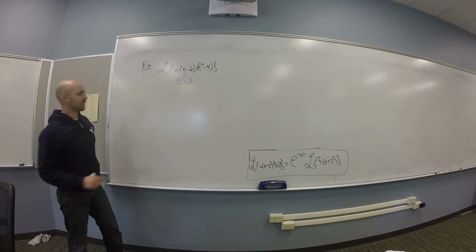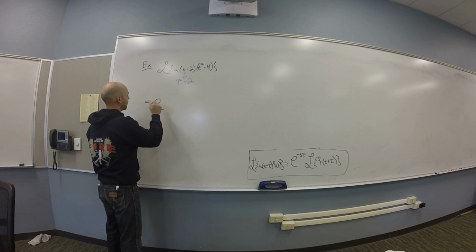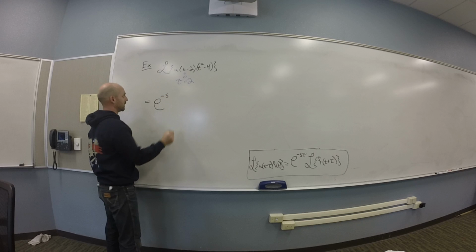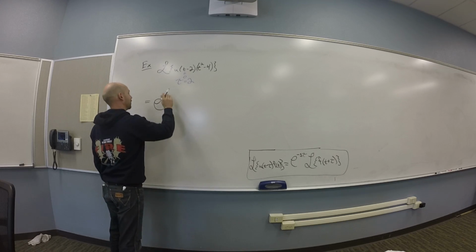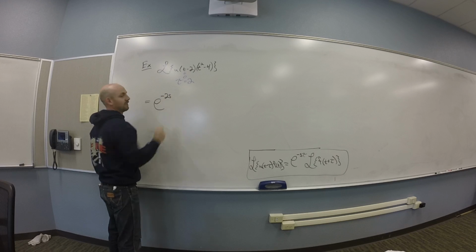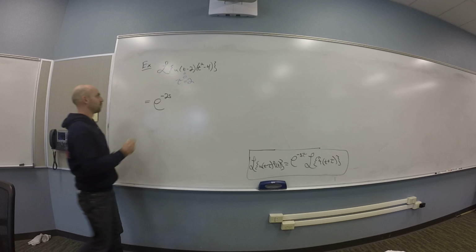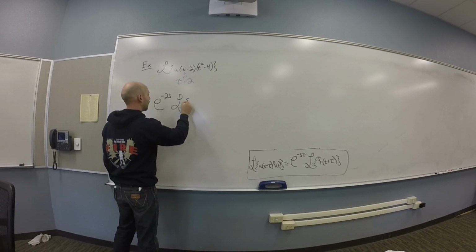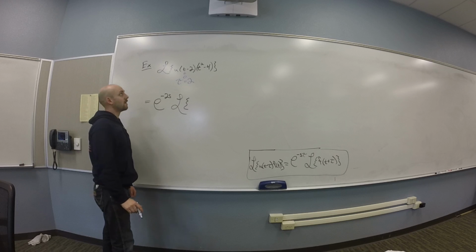So I just go look at the table, and it says I should have an e to the minus s times 2. So let's write that like people, e to the minus 2s. And then we should have the Laplace transform of f of t plus 2.